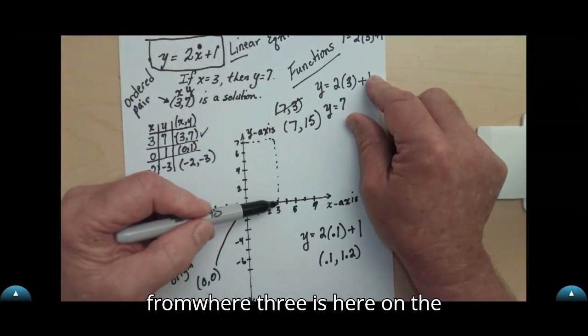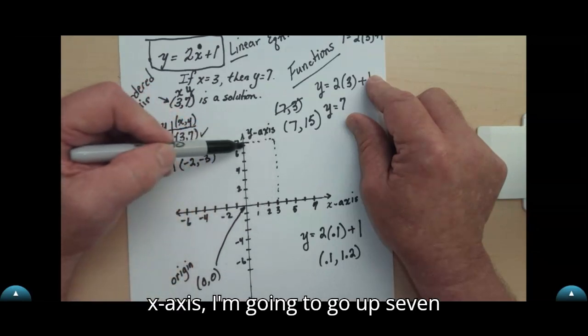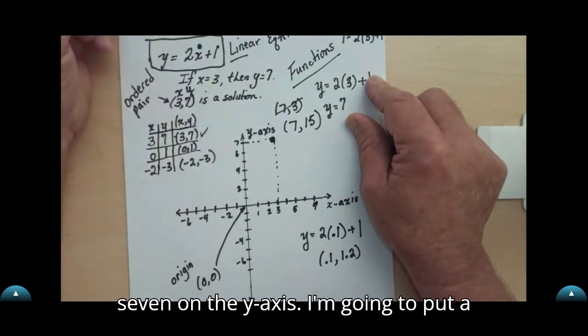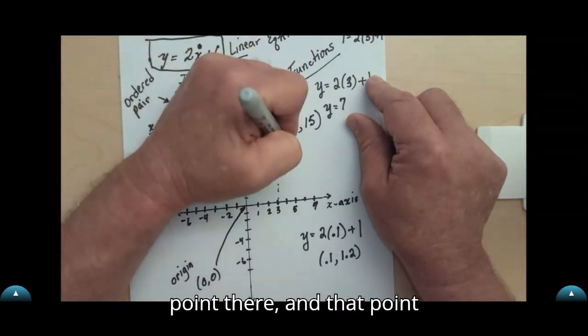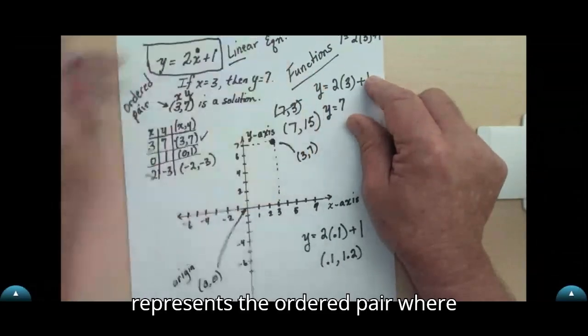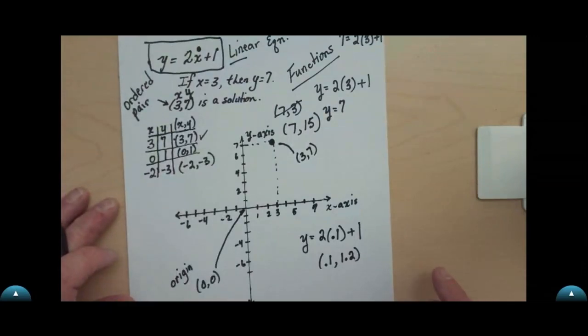So I go up 7 units from where 3 is on the x-axis. I'm going to put a point there, and that point represents the ordered pair where x is 3 and y is 7. Y'all see that?